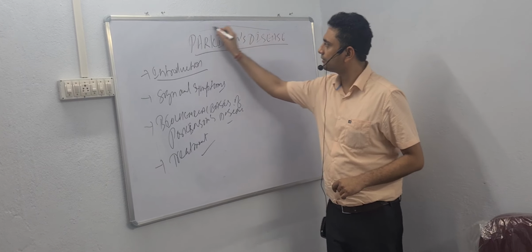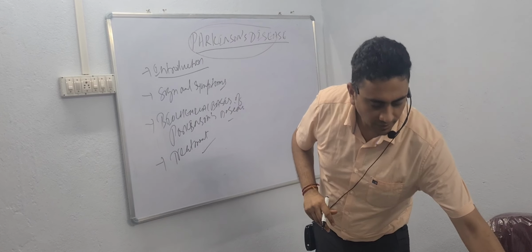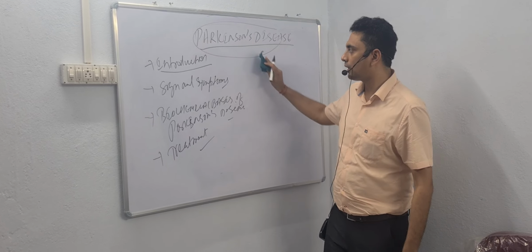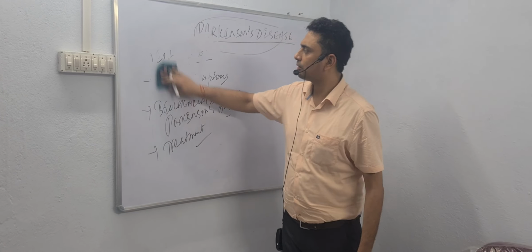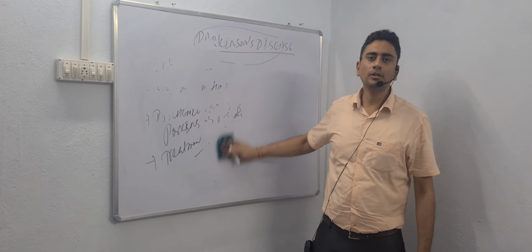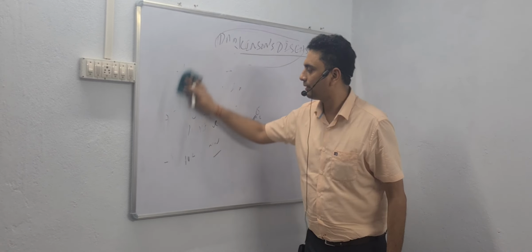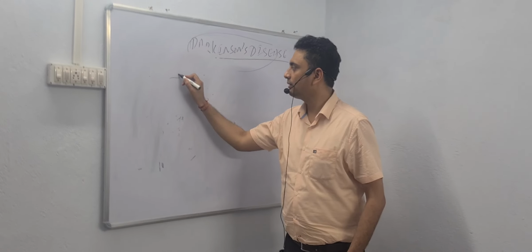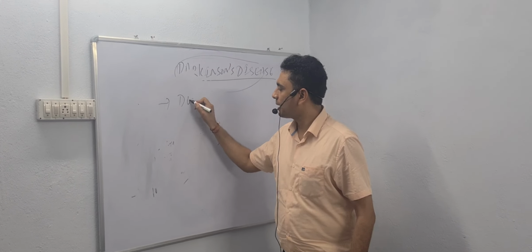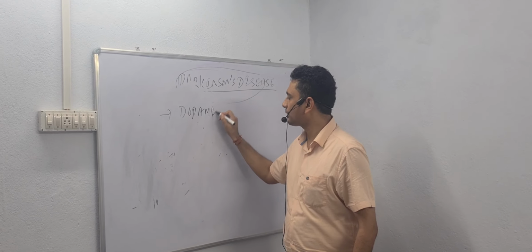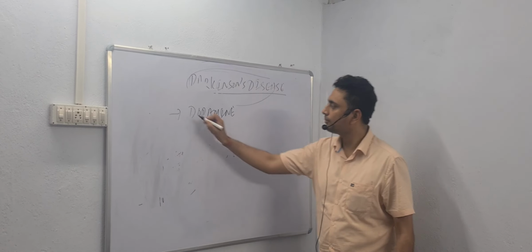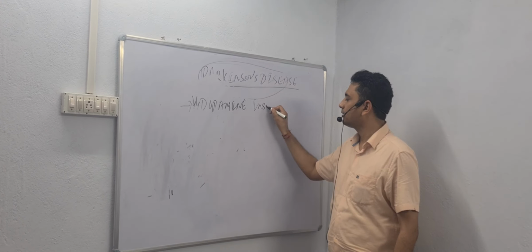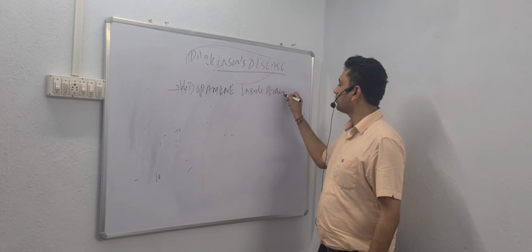Parkinson's disease is basically a neurodegenerative disease caused due to deficiency or decreased level of one of the neurotransmitters called dopamine. So there is a deficiency of dopamine inside the brain.